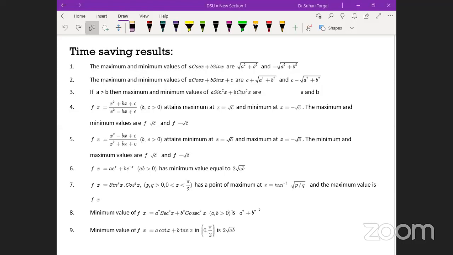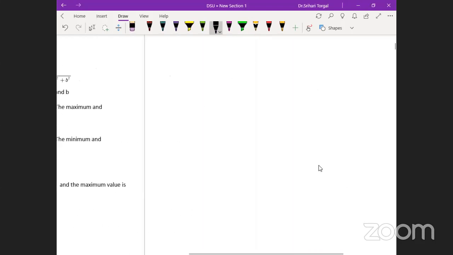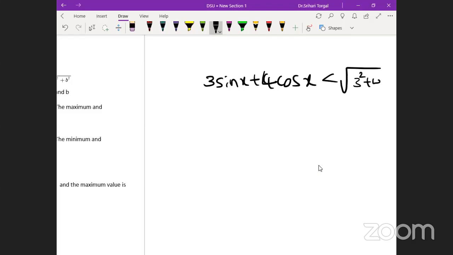Okay. Right. So the first result, the maximum and minimum values of a cos x plus b sin x. If you have a cos and sin in the term, then it is very easy to identify the maximum and minimum value. See here, if I have 3 sin x plus 4 cos x, the maximum value of this function is root of 3 square plus 4 square. What is that?